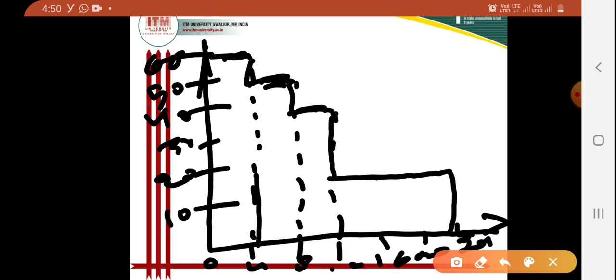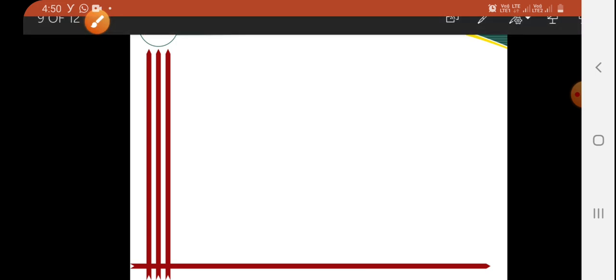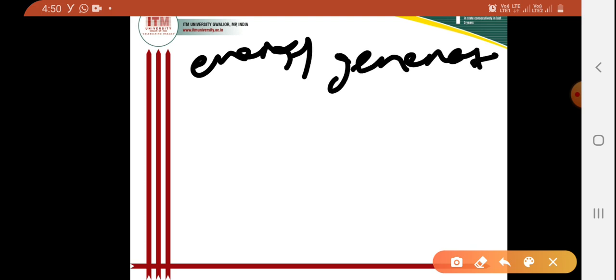Now we have to find out the energy generated from this curve. Either we can consider the load curve or the load duration curve. So now we have to calculate the energy generated per day.